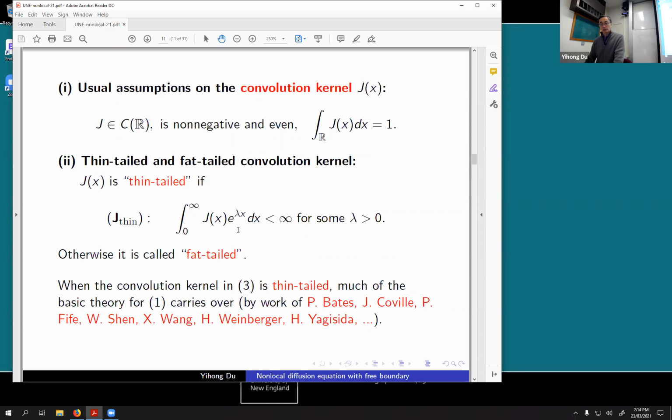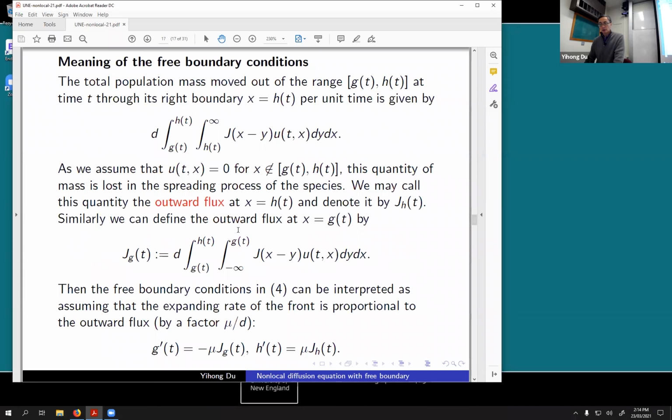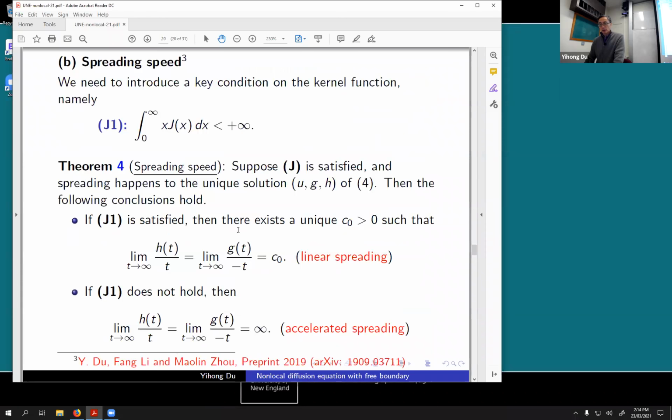So that's different. And we can show that if J1 holds, we have a finite or linear spreading, so g and h grow linearly in time. But if J1 does not hold, we can show it's accelerated spreading.